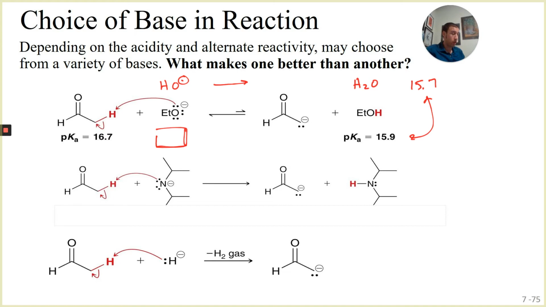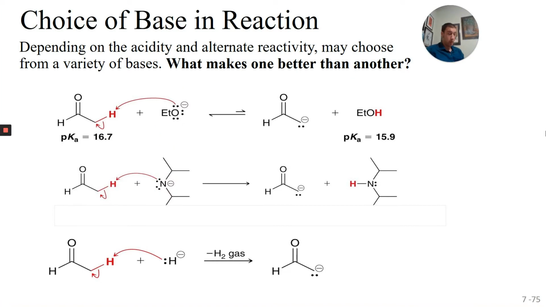We could predict that lack of a difference based off of it being a negative oxygen. Well, what happens if we look to the next one? We're looking at nitrogen, so now we're at least changing the element. What's the difference between nitrogen and oxygen? Electronegativity. Based off of electronegativity, we would expect the oxygen would hold that charge better than the nitrogen, which means the nitrogen should become more basic.